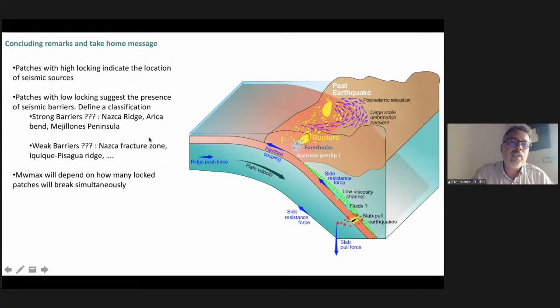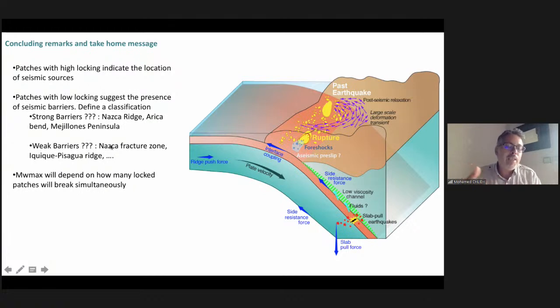We see that we have some barriers that seem to be relatively strong, like the Nazca Ridge or the Arica Bend or Mejillones Peninsula. And some others seem to be relatively weak.